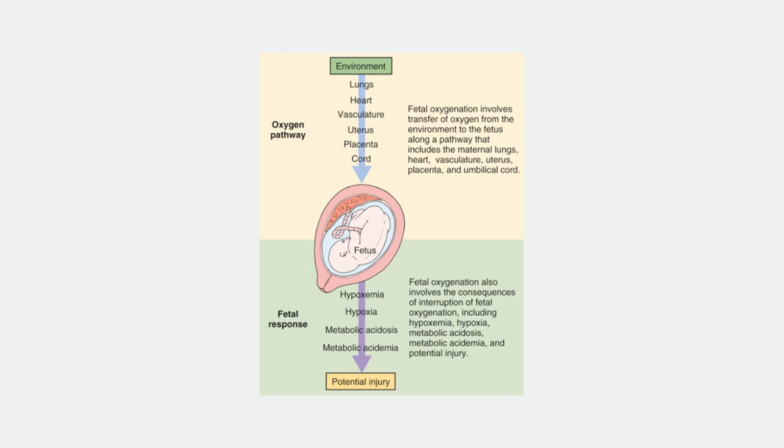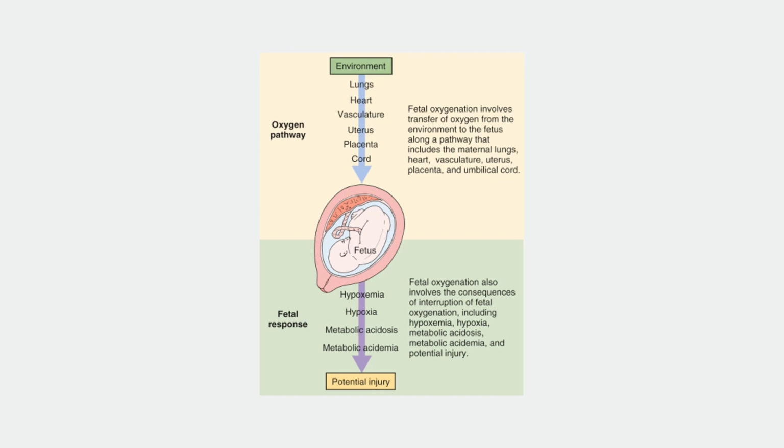Now, I want you to think about hypoxemia and hypoxia for a minute. It is normal for the baby to have a temporary disruption in oxygenation during labor, and this occurs through uterine contractions, because when the uterus is contracting, oxygen supply is cut off. In a normal, healthy fetus, they can overcome this. They're very resilient.